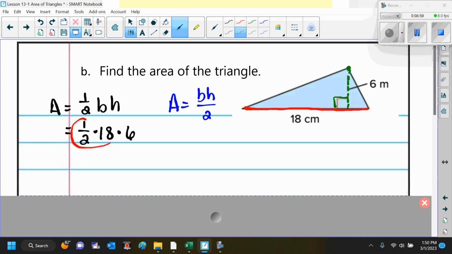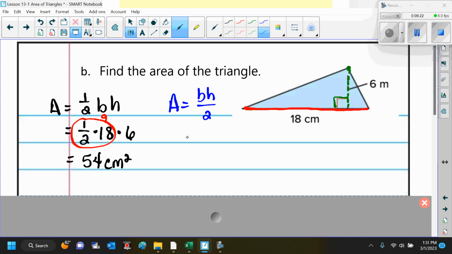So 1/2 of 18 is 9, and then 9 times 6 is 54. So there's your 54, and this is centimeters squared, okay?